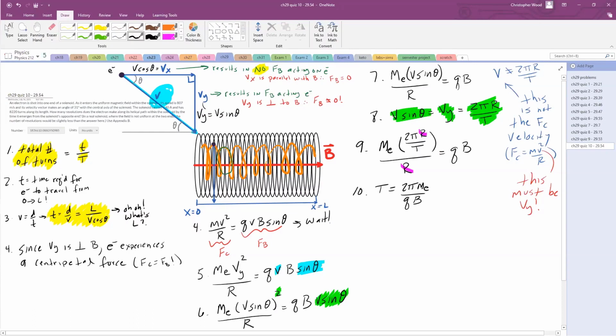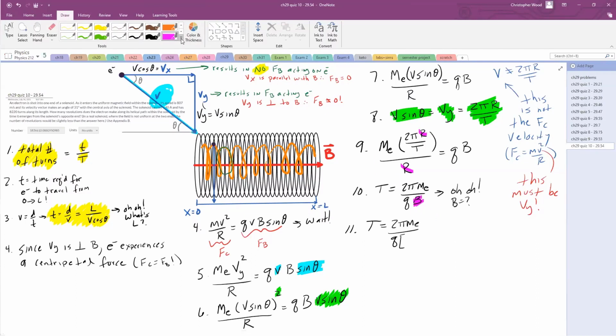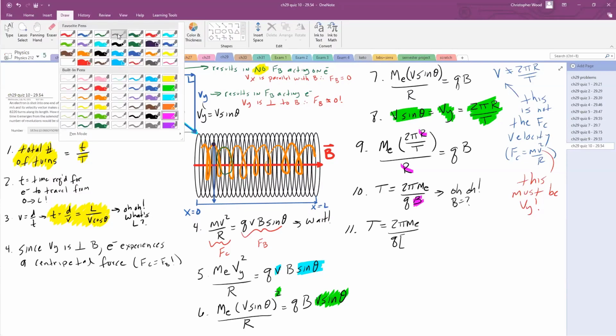Okay, that's big T all by itself. Do I know the mass of an electron? Yes. Do I know the charge of an electron? Yes, but I don't know B. So I do know I have a solenoid. I do know that, so I'm going to just rewrite B equals 2 pi mass of an electron over Q. And here, for I think the 3rd or 4th time, and it's the heart of one of the labs you're doing on Tuesday, I'm replacing this B right here with the expression for the magnetic field inside of the solenoid.